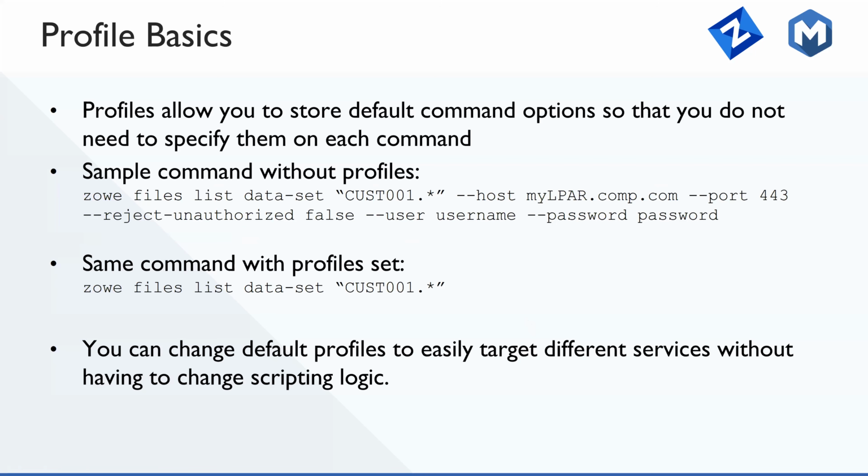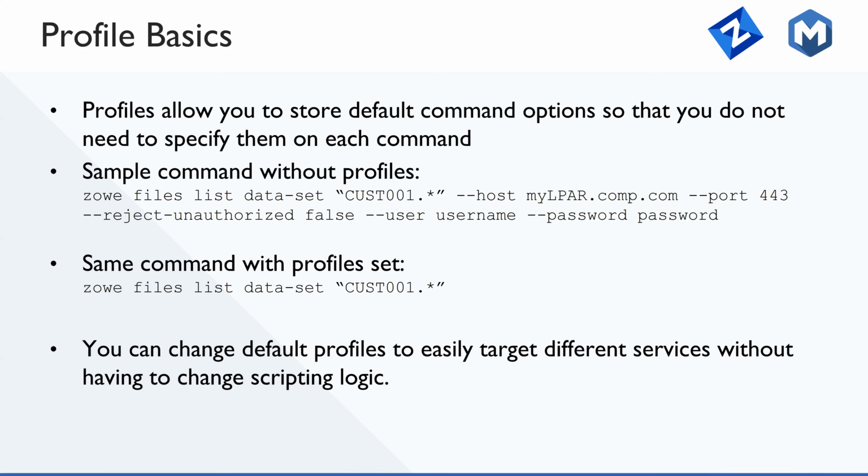Profiles allow you to store default command options so that you do not need to specify them on each command. A lot of different client software in Zowe make use of these profiles. For example, they're shared between the CLI, SDKs, and the Zowe Explorer, so you create a profile and you can use it in any one of the client technologies.